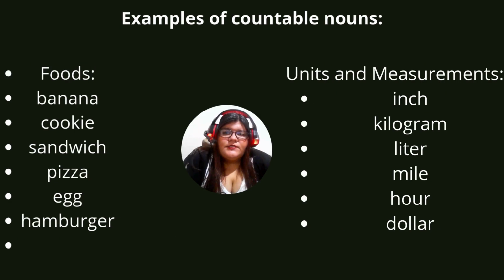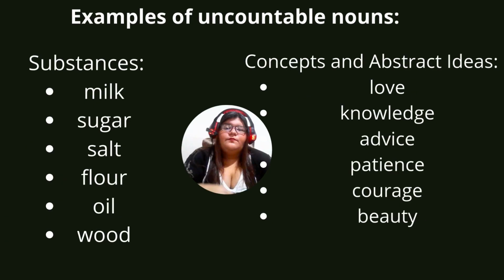Then we have here examples of countable nouns. More examples, for example, we have the foods like banana, cookie, sandwich, pizza, eggs, hamburger, whatever, right? Units and measurements in kilogram, liter, mile, hour, dollar. Then we have here more examples. For example, substances, right?